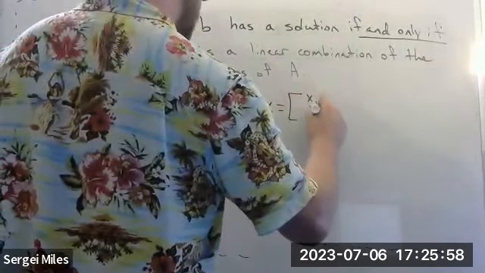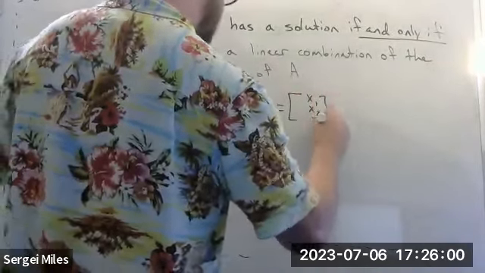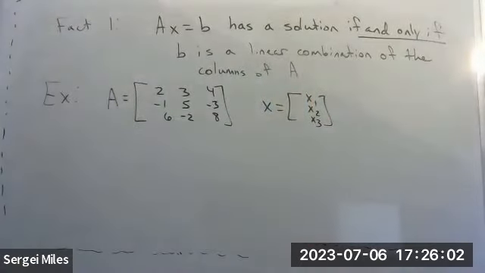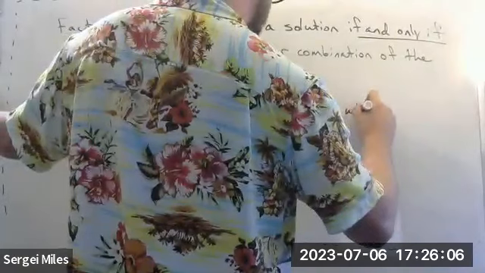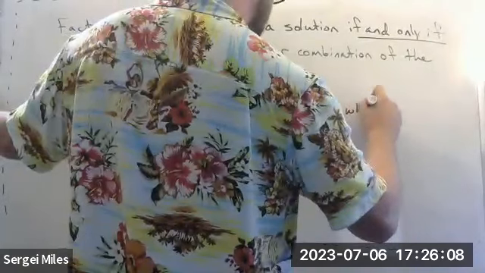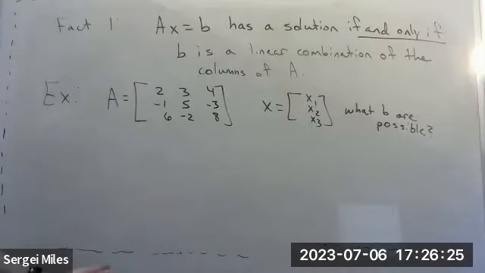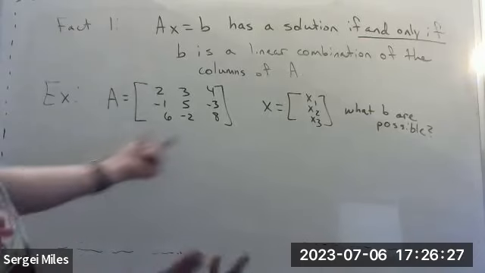I have some unknown scalars, x1, x2, and x3. And I just want to know what b are possible. What b would be a linear combination? How would I know all the different possible b?